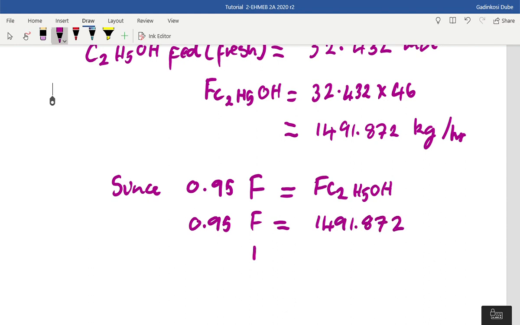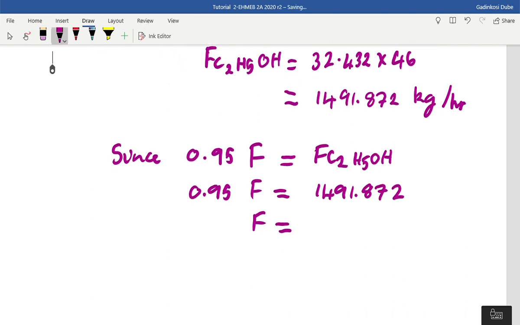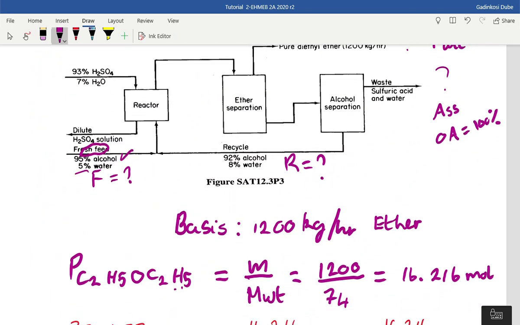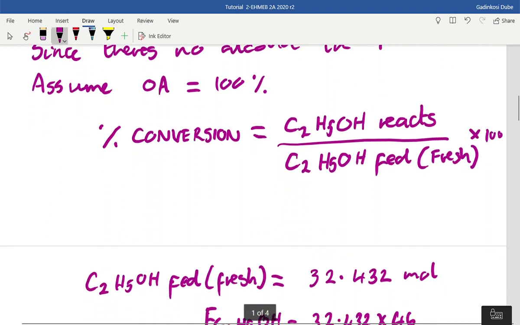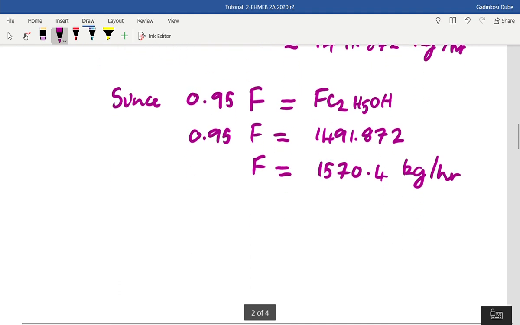When you punch it in your calculator, it simplifies to 1570.4 kilograms per hour. This is what's desired, the total stream of the fresh feed. You must take note that these percentages are mass fractions. That's why we first converted everything to mass before getting the final answer, 1570.4 kilograms per hour. So that's the total feed stream.